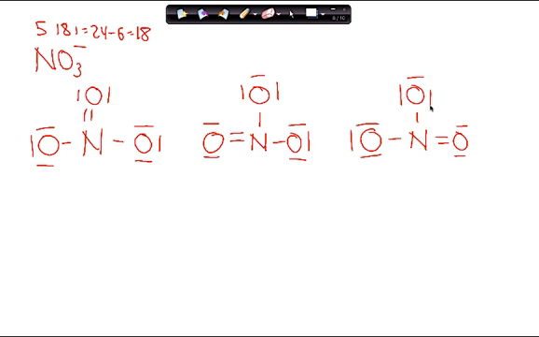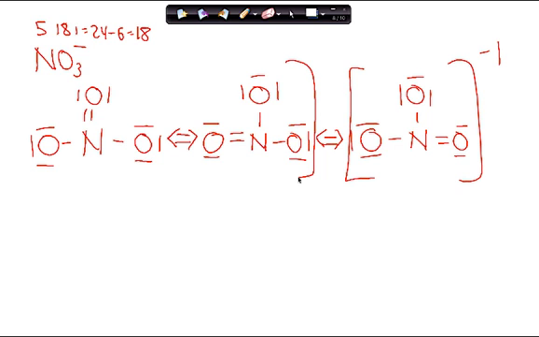And then we need to represent that these are resonance structures or conformations. So we need to separate them with our double-headed arrows. But then, as Joel's pointing out, we need to also respect the fact that these are polyatomic ions, which means they are then properly cast in brackets with charges.